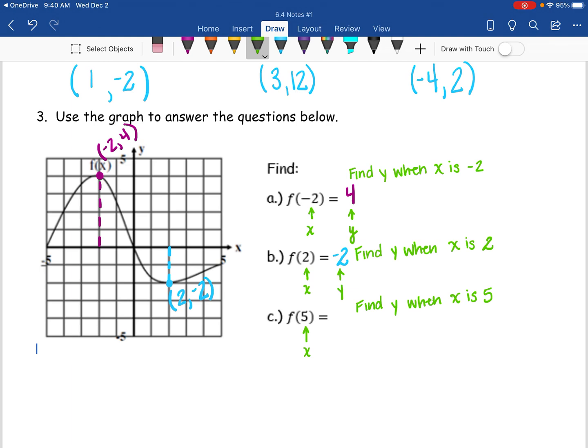I'm going to take where x is 5 and trace it down to my graph. This is the point (5, -1). So f of 5 equals -1. Okay, we're done. For homework, you have the 3 types of questions: where you're evaluating, where you're writing as an ordered pair, and where you're evaluating using a graph.